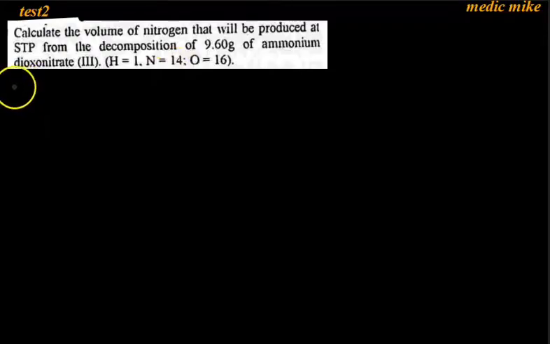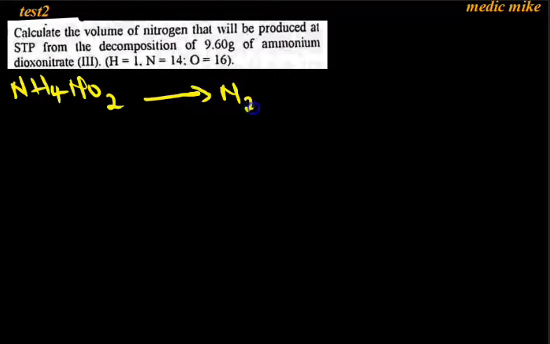The equation for the reaction will be NH4NO2 will decompose to give us nitrogen gas, N2, plus H2O. Now this reaction is a homogeneous reaction because all the reactants and the products are gases. So this H2O here is steam, which is a gas.